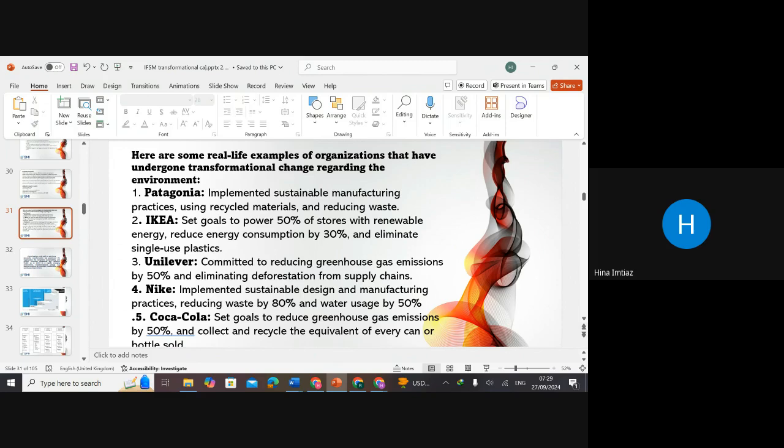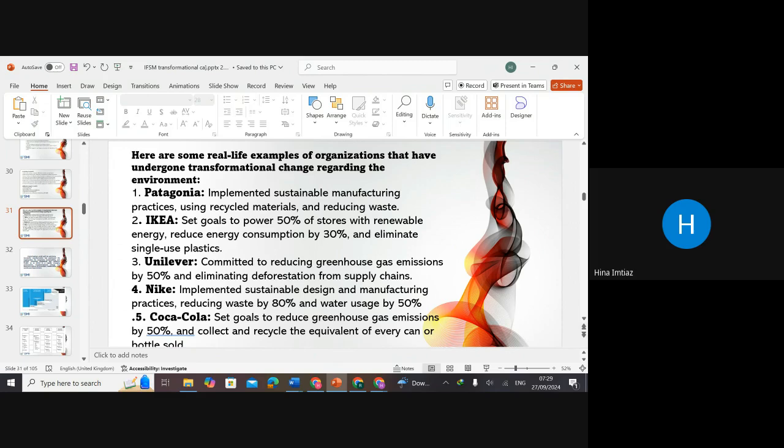And currently, they are claiming a 50% reduction in greenhouse gas emissions by 2025, and that zero waste will be transported to landfill by 2030. These are all the sustainability goals presented by IKEA.